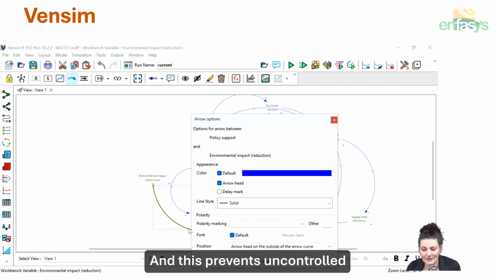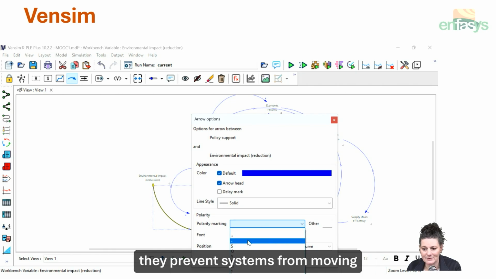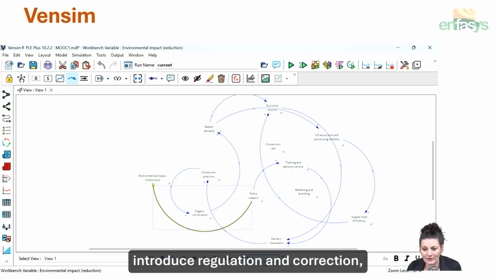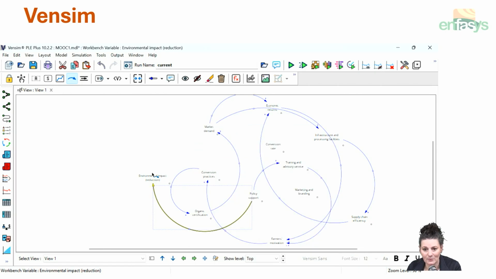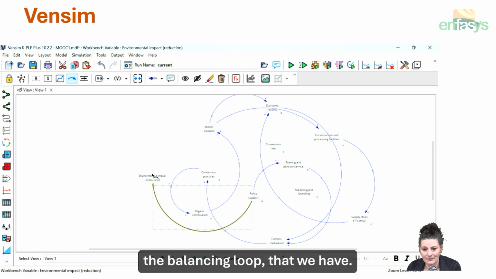And this prevents uncontrolled growth and ensures alignment with broader objectives. Balancing loops are essential because they prevent the system from moving in just one direction, and they introduce regulation, correction, and stability into our system. So as you can see here, this is the balancing loop that we have.